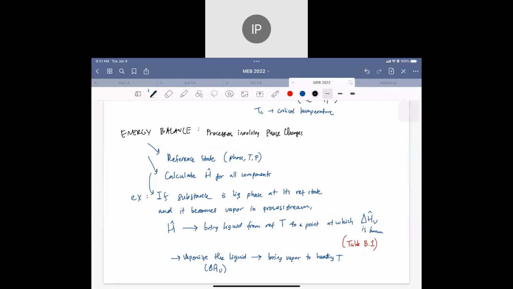Okay, I think we can go to the Psychrometric Chart. The Psychrometric Chart, we could also call a humidity chart.